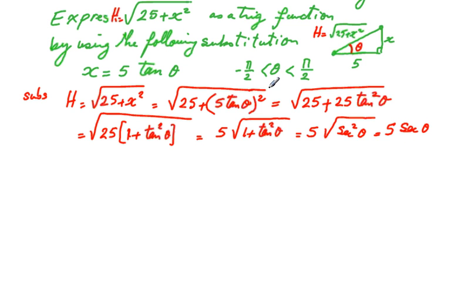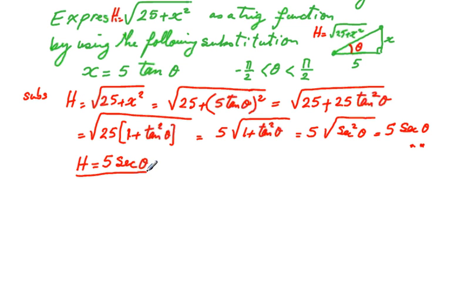So there is room for a little bit of a talk here. We made a substitution in that expression so that finally the hypotenuse became 5 secant of theta. This is the kind of process you go through at the beginning of certain calculus problems for the next step to make sense or become hopefully easier.